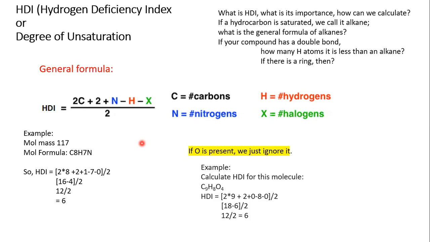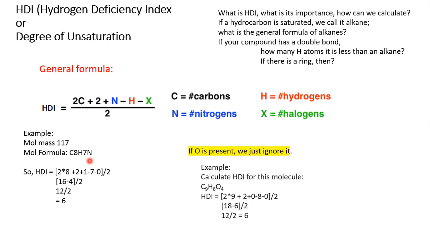This is a very simple formula and you can easily apply it and calculate HDI. Suppose we have a compound whose molecular mass is 117 and molecular formula is C8H7N. Okay, so we already know this molecular formula.